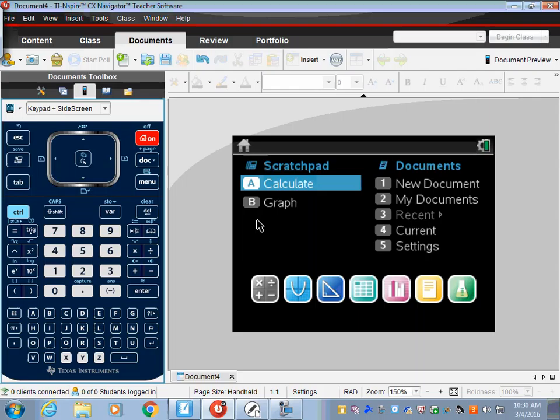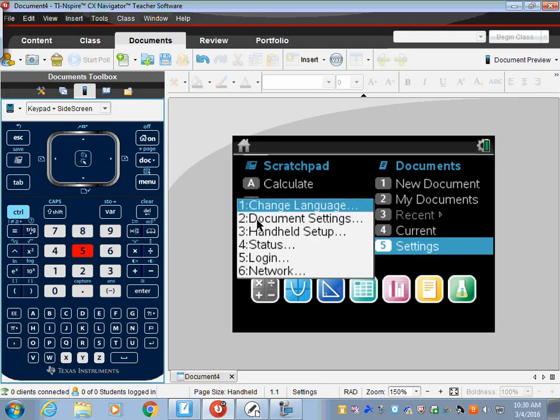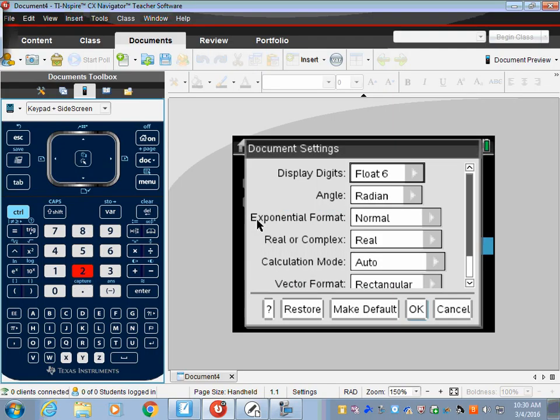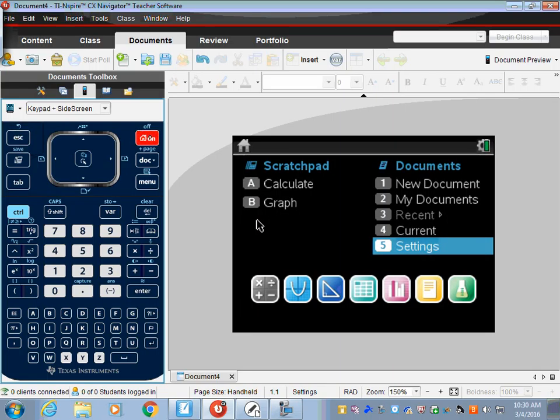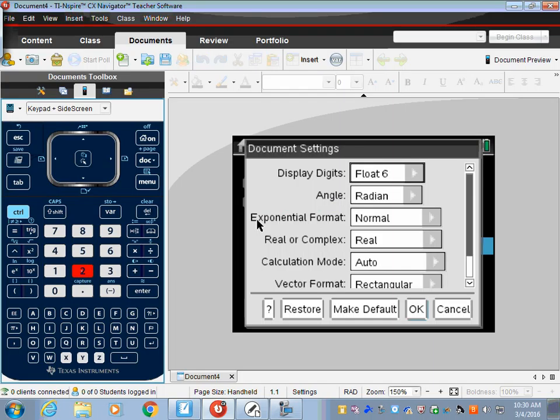Where's home? That's the very top. Hit the home, then 5 settings, and then 2 document settings, and it tells you the settings of your calculator. Home 5.2.